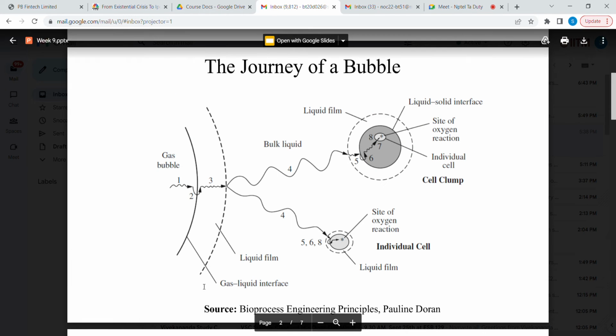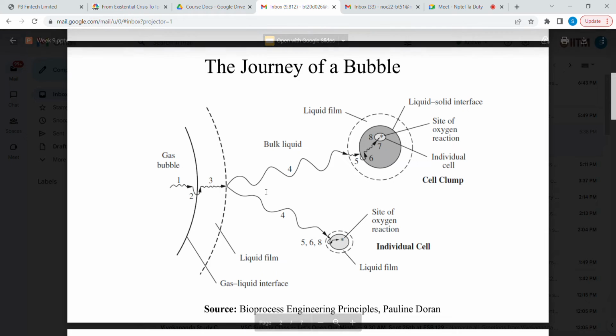It's very easy if you look at this diagram. It's very easy to deduce it.